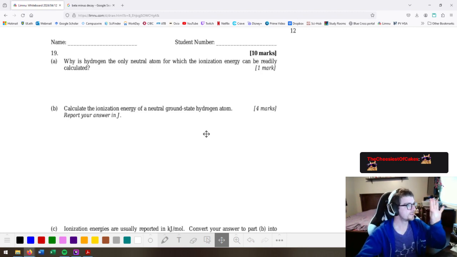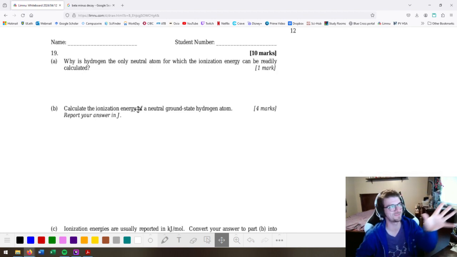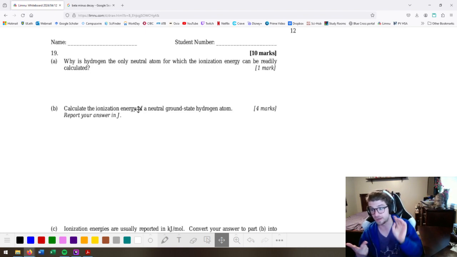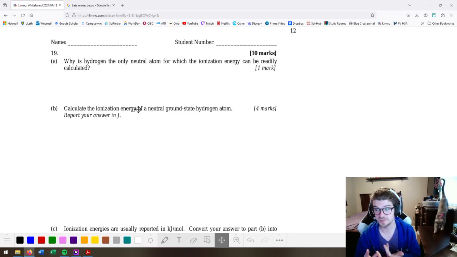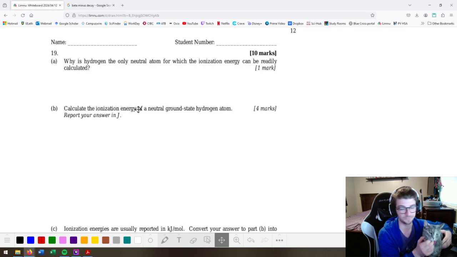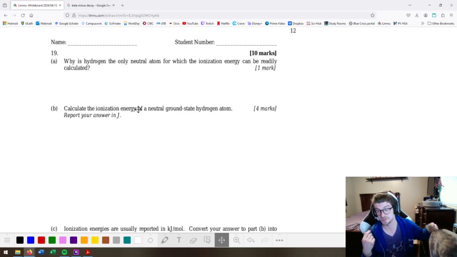Okay, so I can't remember where I left off. I think I explained why you can only do it for hydrogen, because as soon as you get to helium, you've got three bodies. You've got the nucleus. It's got two protons, but you can treat the nucleus as one entity because they're not moving relative to each other. But it has two electrons.